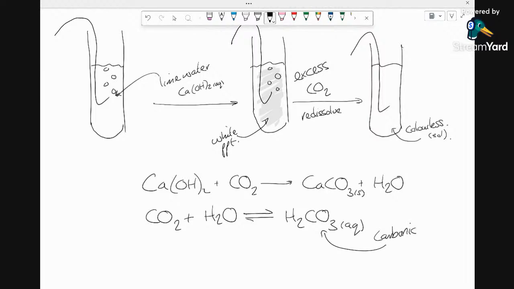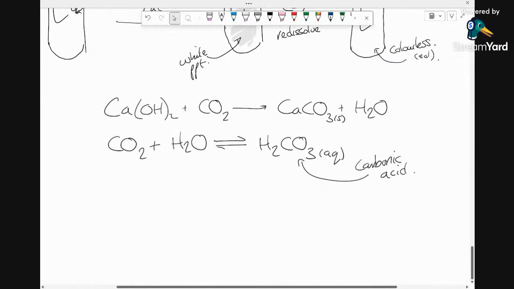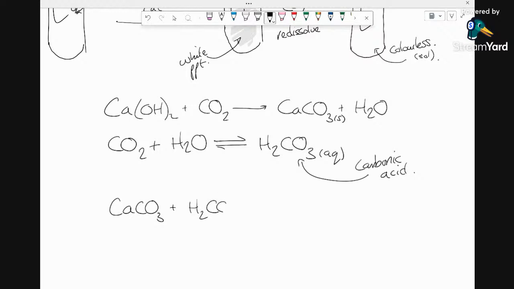Now that carbonic acid is, of course, an acid, and it will start reacting with the basic calcium carbonate. If you take calcium carbonate and react it with carbonic acid, what you end up creating is calcium hydrogen carbonate, which is soluble. It dissolves. It's such a nightmare.